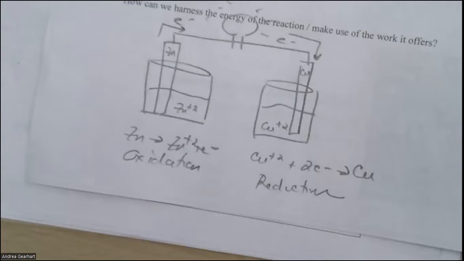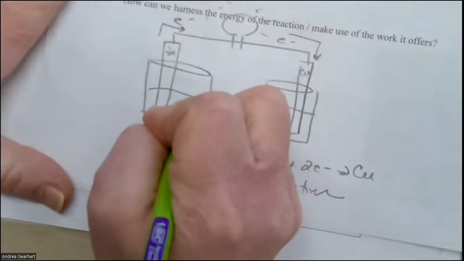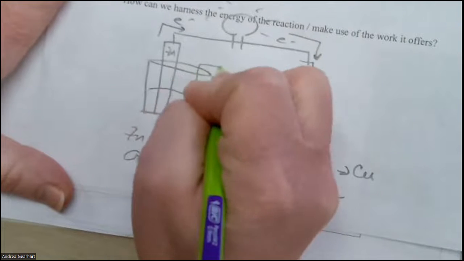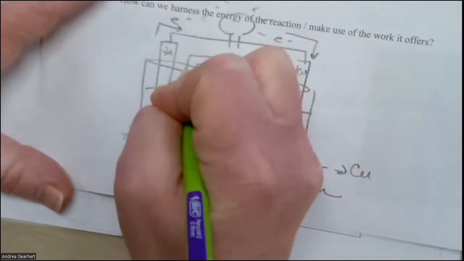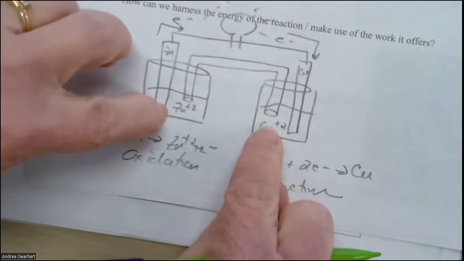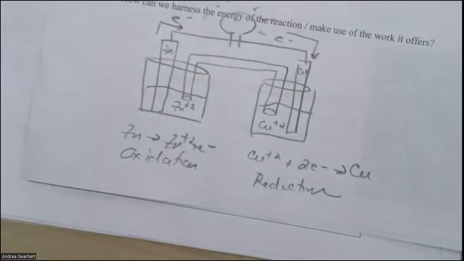But when I connected it, no voltage was read because we need a salt bridge. So remember, kind of lamely, I took paper towel, soaked it in the sodium chloride, and then made sure that the ends were in contact. I could have made it a little bit more fancy.